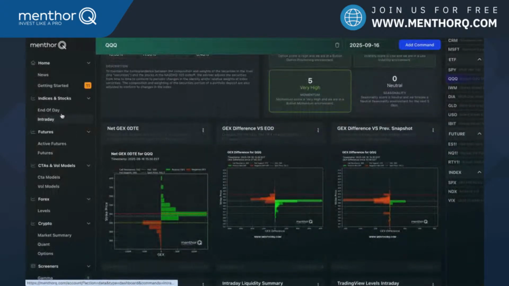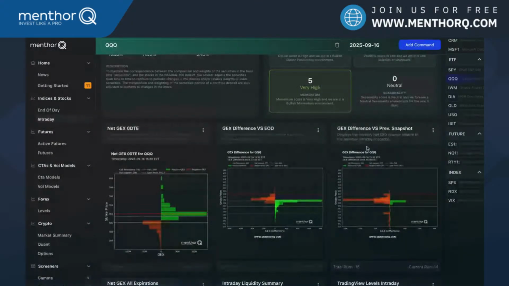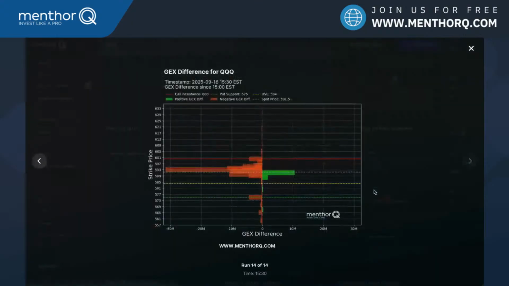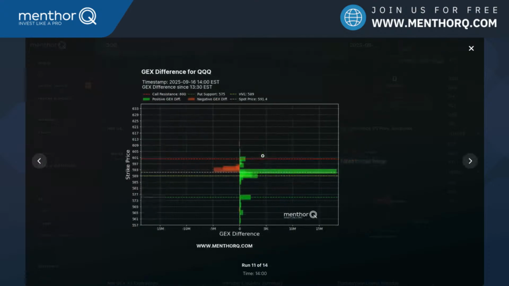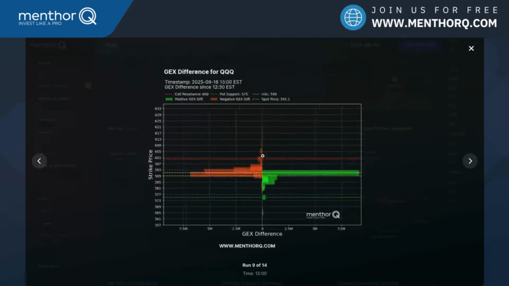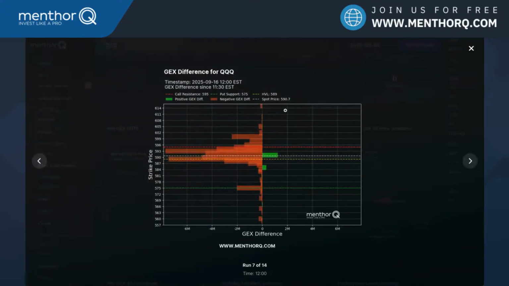And what I'm going to look for is our JAX difference versus end of day, or JAX difference versus the previous snapshot. What this is showing me is the change in gamma every 30 minutes. So every 30 minutes, we have a snapshot 14 times per day. So you can see the timestamp at the top.